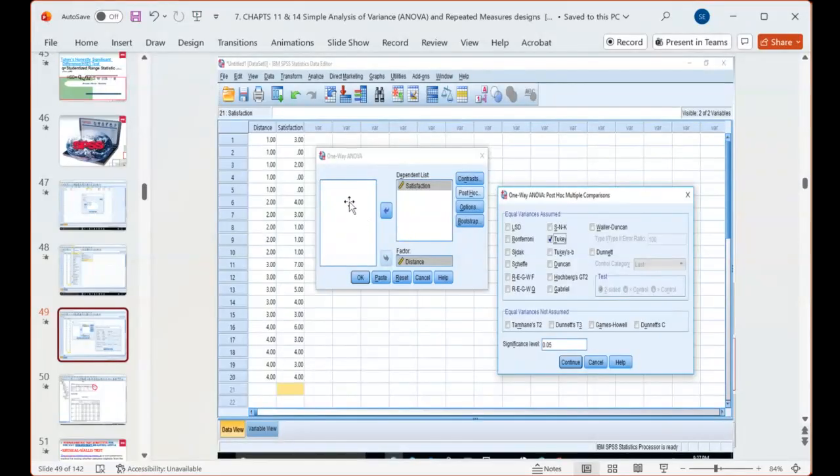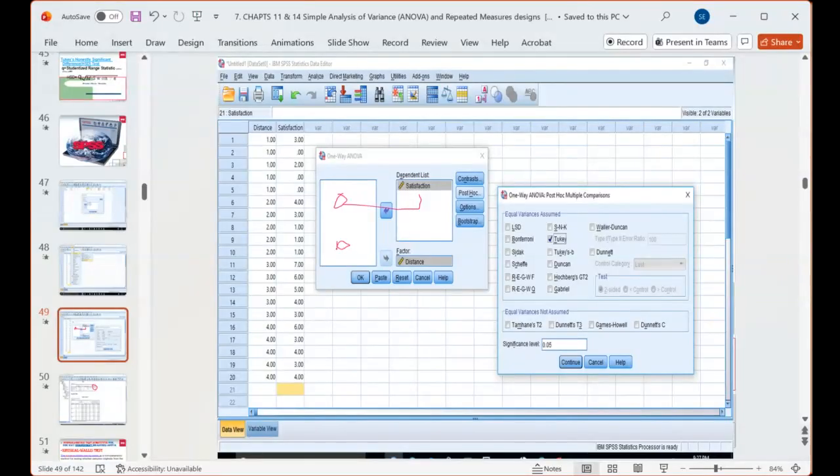In that rectangle, you see the satisfaction and distance. Move the satisfaction, you see satisfaction, move it from here to here by just highlighting it and clicking on the arrow.